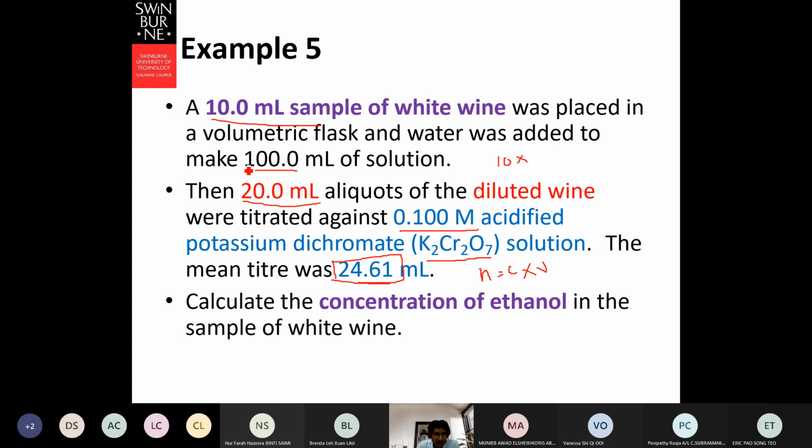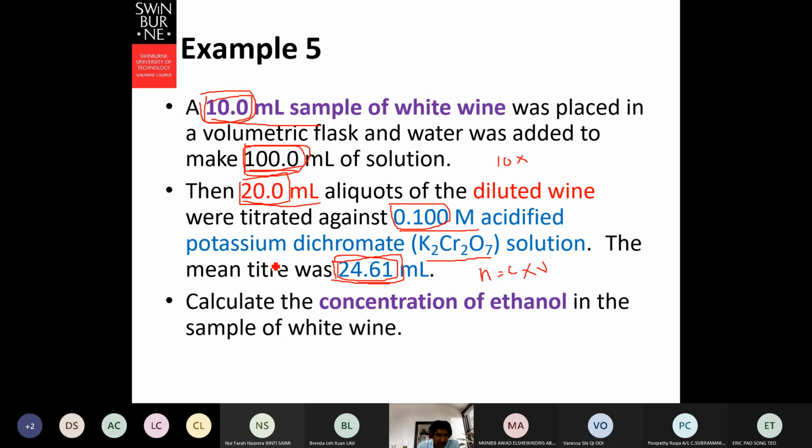Because in the question it is 10 milliliter, 20.0, 100.0, 26.61. There are different types, right? Here also 3 significant figures. This is 4 significant figures. This is 3. This is 4 significant figures as well. So there are 3 and 4 both, but 3 is smaller than 4.